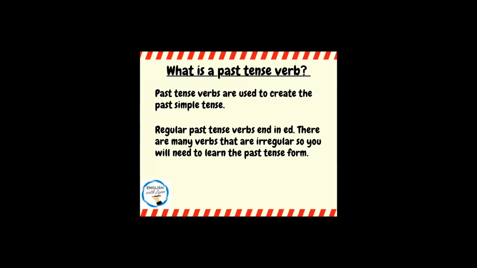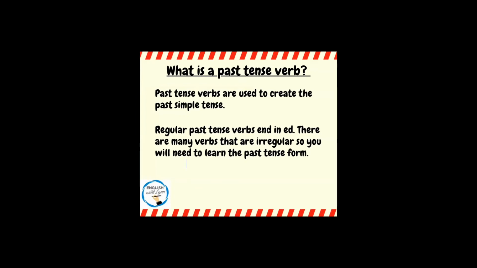Let's look at past tense verbs. Past tense verbs are used to create past simple tense. They are split into 2 groups, regular and irregular. Regular past tense verbs are quite easy to create, as you just need to add an ed onto the end of the base verb.